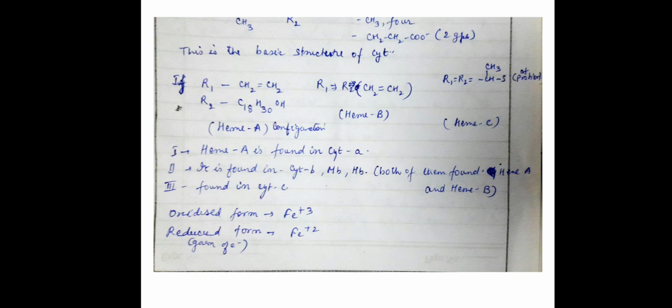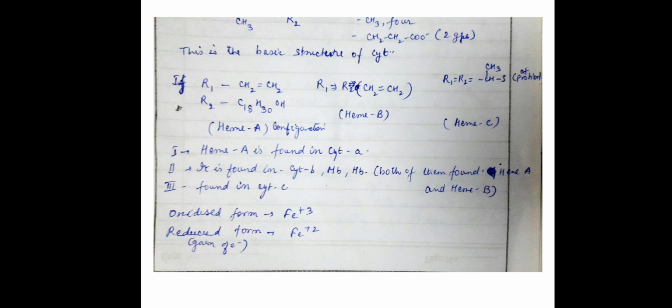cytochromes. Now, what is the difference between heme A, heme B and heme C on the basis of structure? We see here that in heme A configuration, R1 and R2 are different. R1 is CH double bond CH2, R2 is C18H30OH. In heme B, R1 is equal to R2, both are the same, CH double bond CH2.